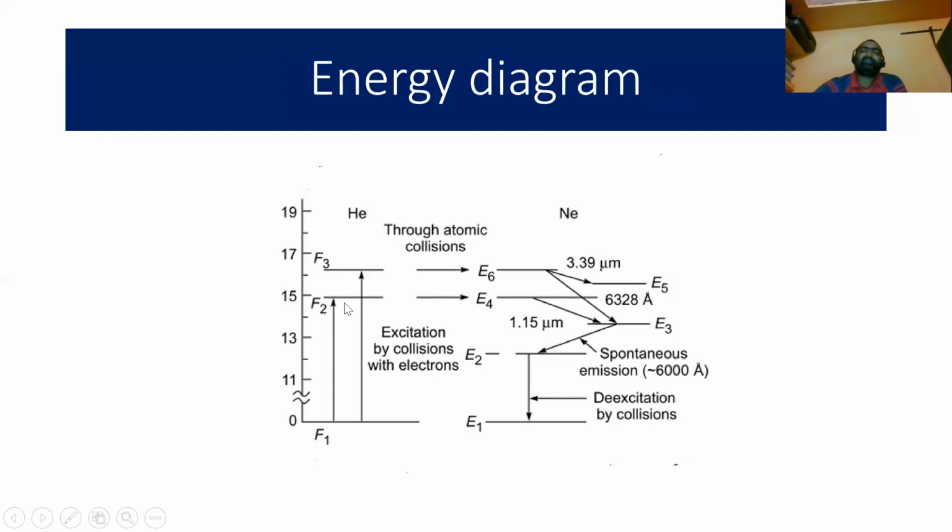Similarly, if a helium atom in F2 makes a collision with a ground state neon atom, then it rises to the E4 energy level. In this way, the population of the neon atoms in E6 and E4 continues to increase. If it continues, then what happens? Population inversion slowly takes place.